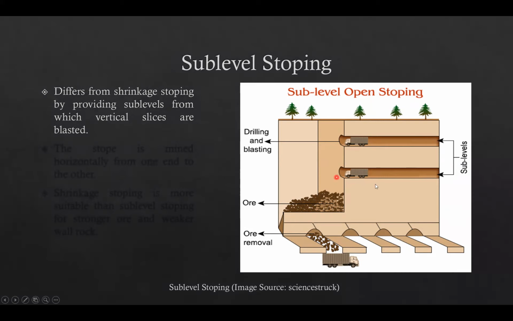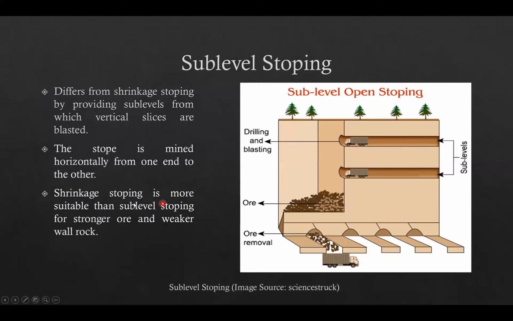We just stand on the broken rock and we keep blasting horizontal slices. But here in sublevel stoping, we have these sublevels to reach the ore, and then we blast the vertical slices instead of horizontal slices. And we start mining from one end to the other end of the ore. So the stope is mined horizontally from one end to the other end.